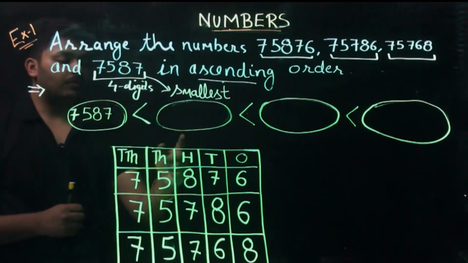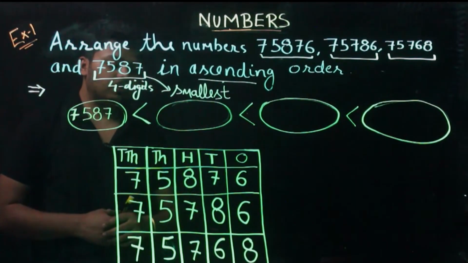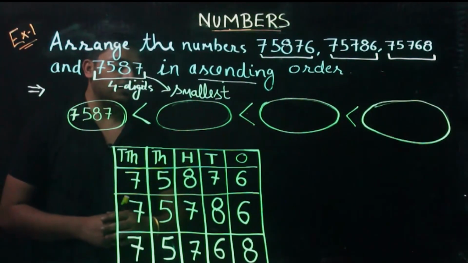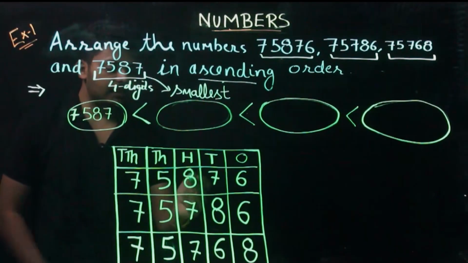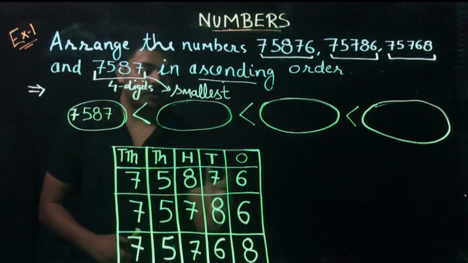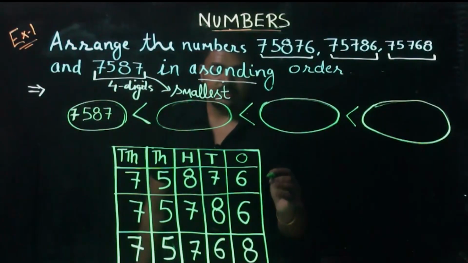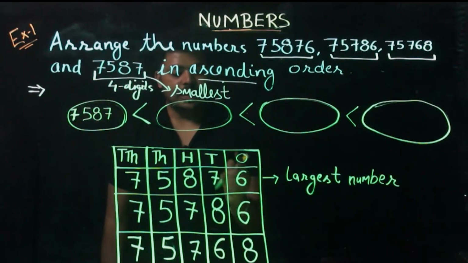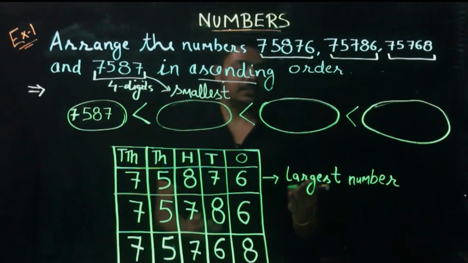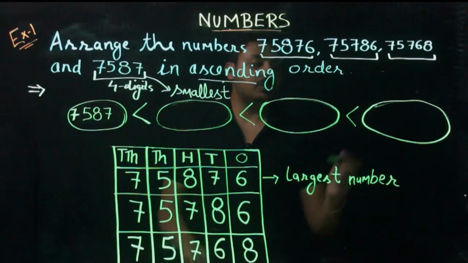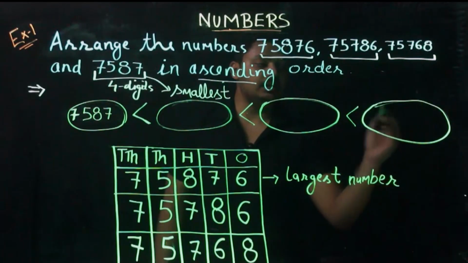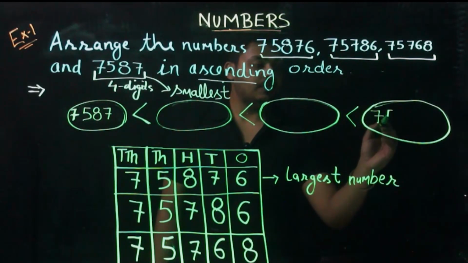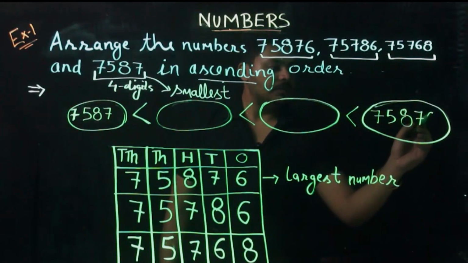Now, moving on to the next place value column, that is hundreds column, we can see that the largest value is 8. So we can say this is our largest number, or we can say this is the greatest number.